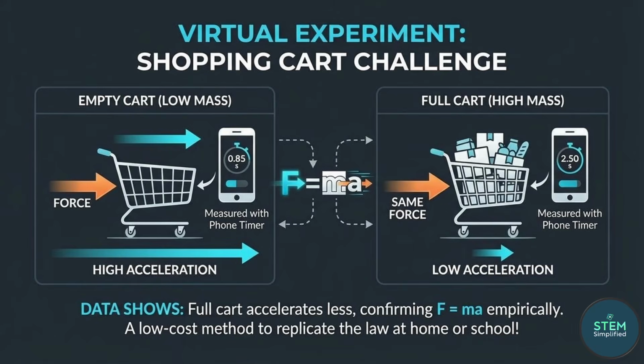Because the applied force is the same in both cases, the difference in acceleration is directly caused by the mass. This confirms that when force is constant, increasing mass decreases acceleration, and also the other way around, showing their direct cause and effect relationship.